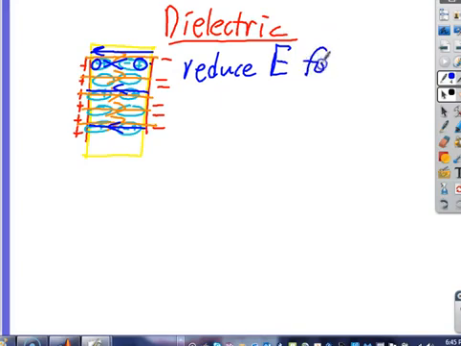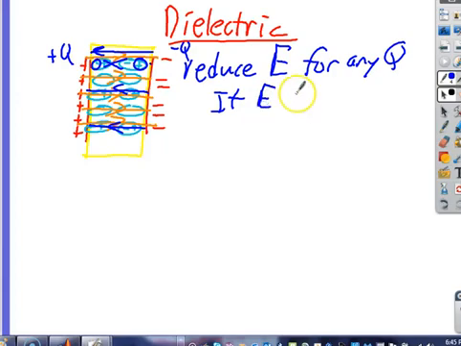E for any Q stored on the plates. So if I have a charge plus Q on this plate and a charge of minus Q on this plate, and I've got a dielectric in here, I'm going to have a smaller electric field than what I had before. Now the consequence of that is that if E is smaller, V is smaller.